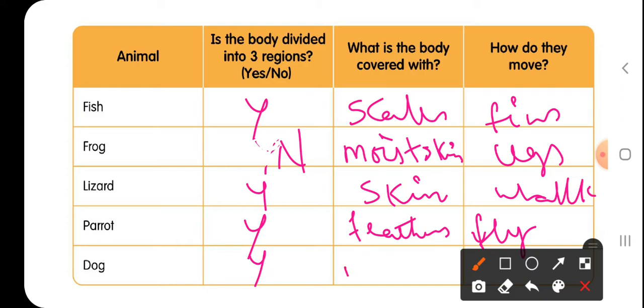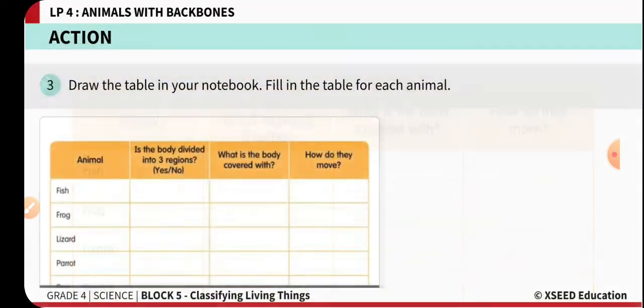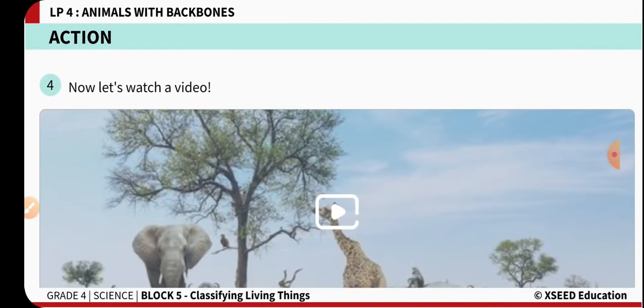It is having a skin with fur on it. And how will it move? It will walk. Okay, so complete the given table also, children. So now after completing this table, now let's have a small look at the video.